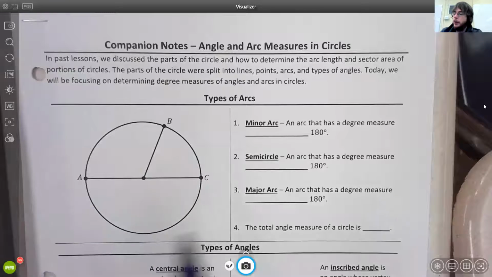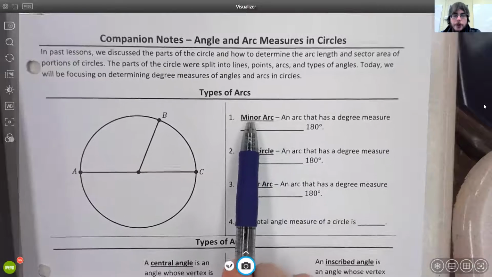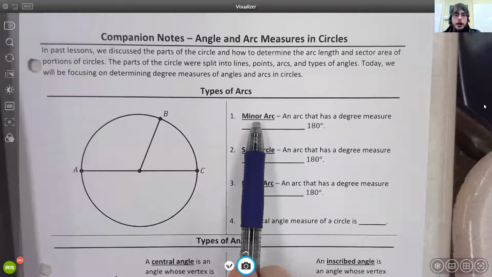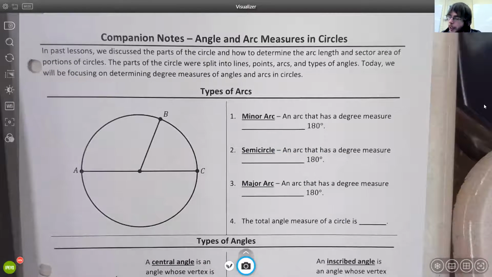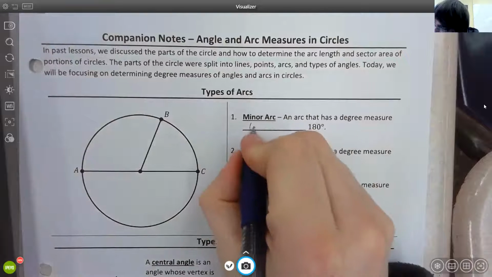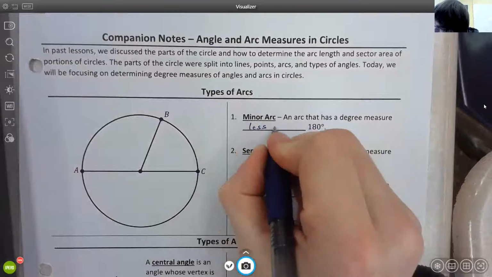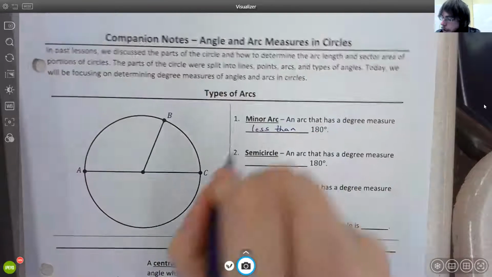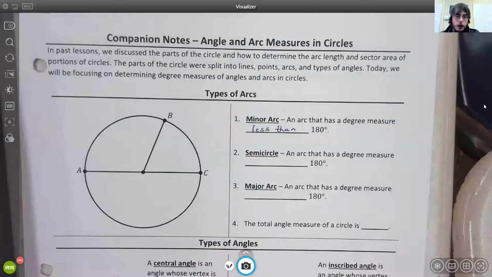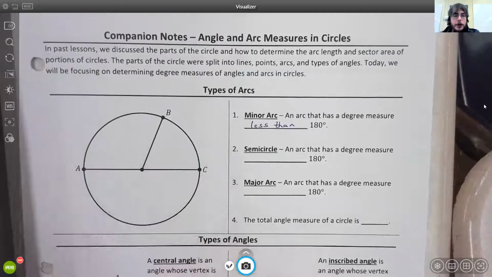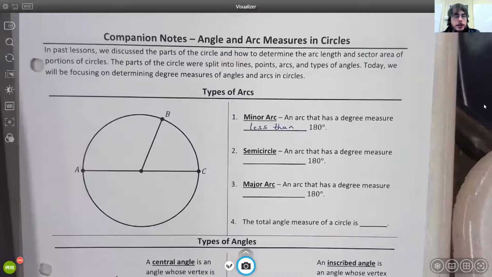The first type of arc is called the minor arc. And an arc that is a minor arc has a degree measure that is less than 180 degrees. And that's why it's called a minor arc. Okay. So do you see a minor arc in this diagram?